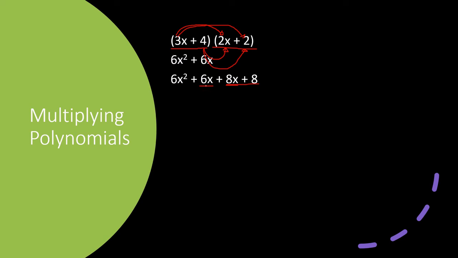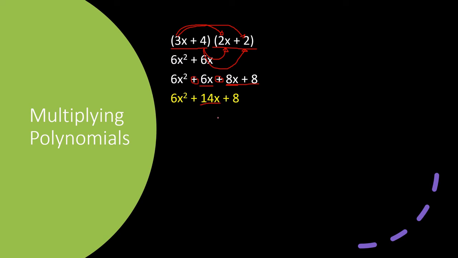So I combine the 6x and the 8x, and I'm going to add them because this is what my symbols are telling me to do. Okay. And that is going to be equals to 14x. So therefore, my answer is going to be 6x squared plus 14x plus 8. Very nice, my friends. Very nice.